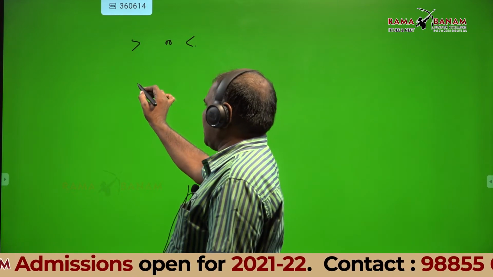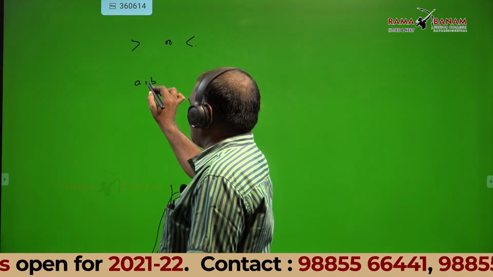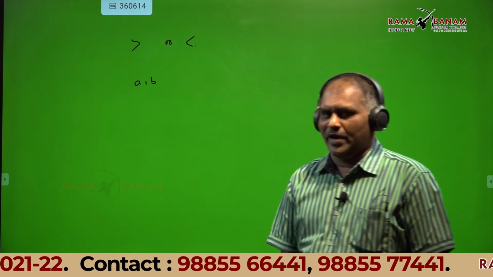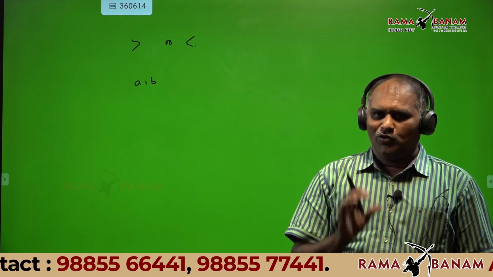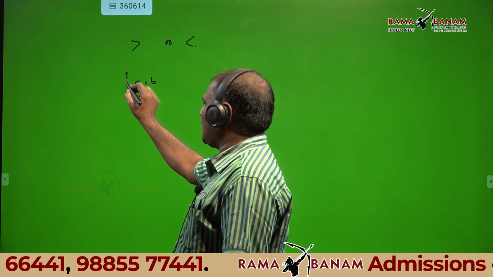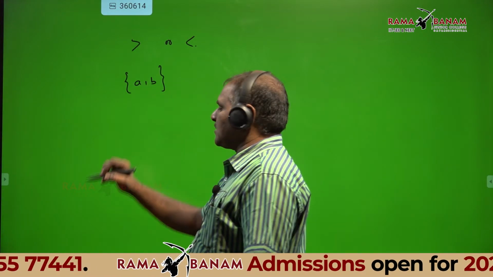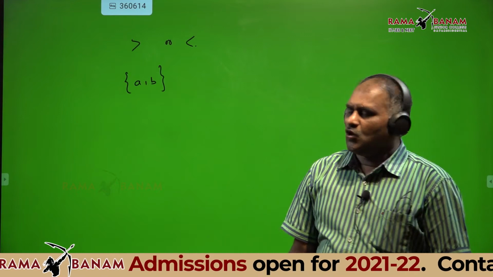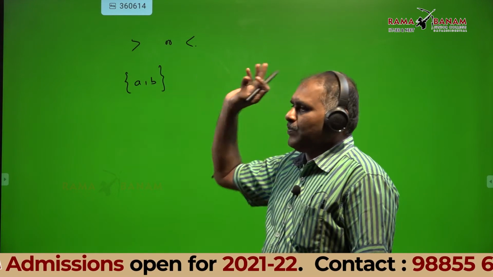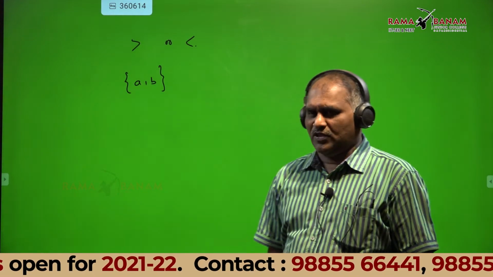Suppose here there are A, B. Only two values are required, using curly brackets. What is the meaning of these brackets? Only A and B will be the solutions.